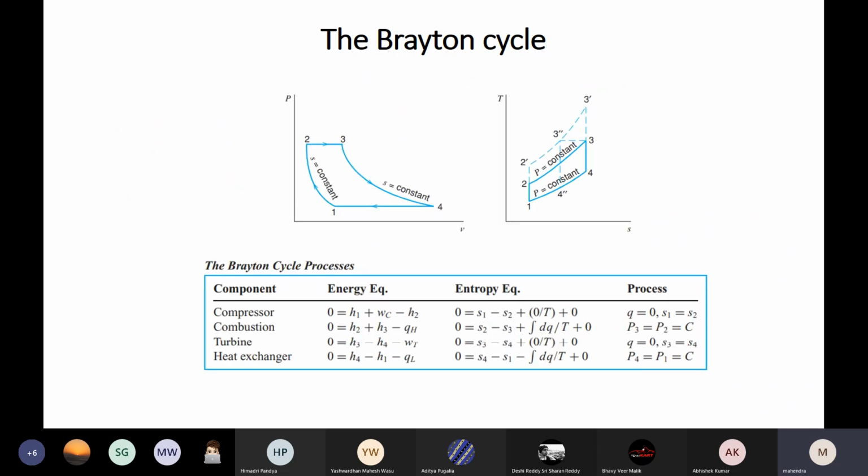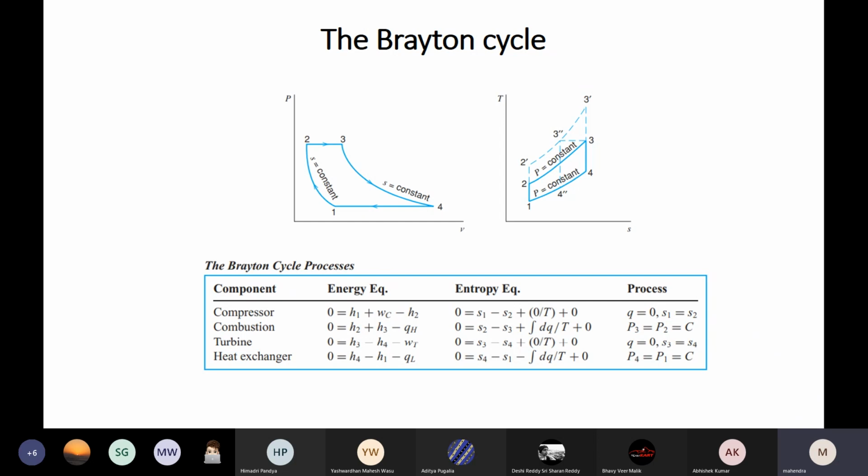Here in this table we have written the energy equation as well as the entropy equation for each process. If you see the compressor, as we have mentioned, it is isentropic, which means an adiabatic process, so Q equals 0.